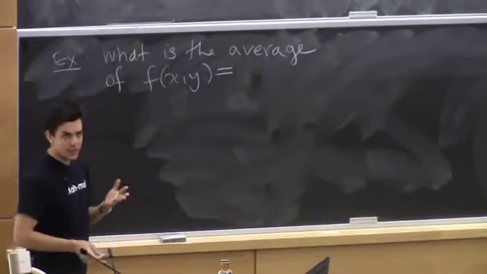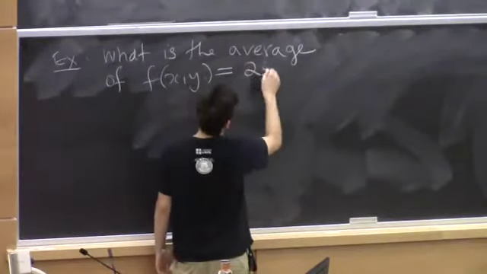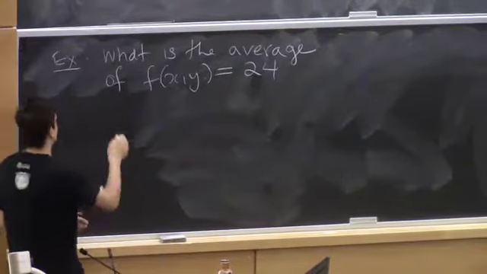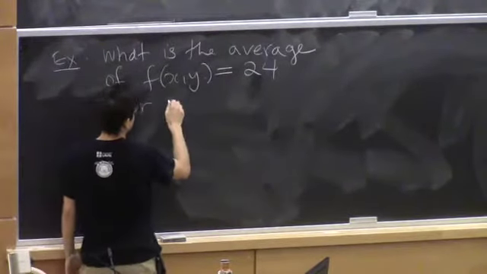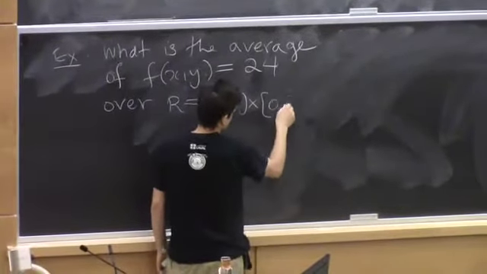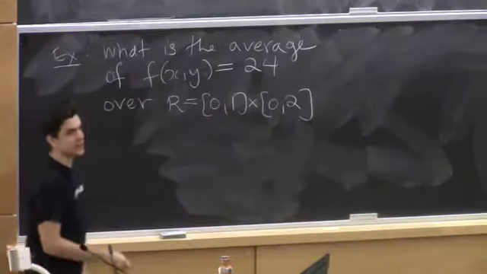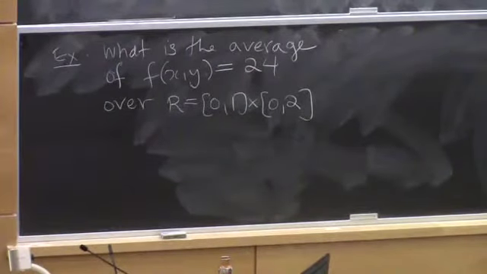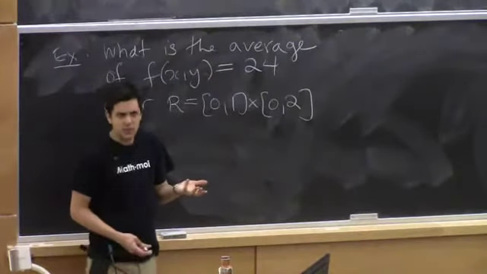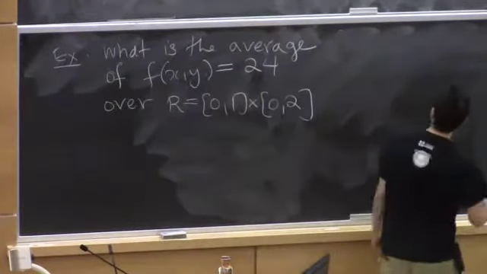So I'm going to pick my favorite number, 24, probably the best number, and we'll find the average of this over a rectangle. Okay, so what is the average of a constant function? What should it be? It should be the constant, right? If the thing's always outputting 24, the average really ought to be 24. So let's try that out.